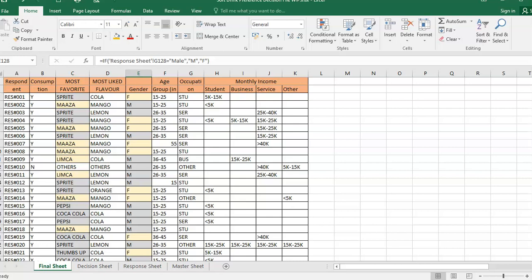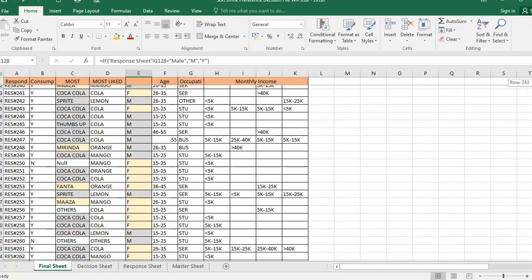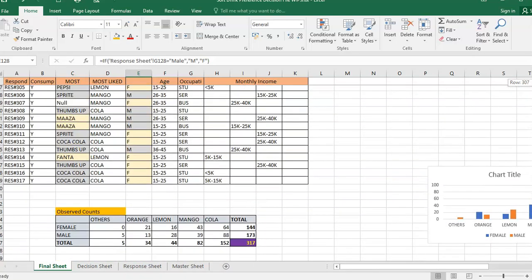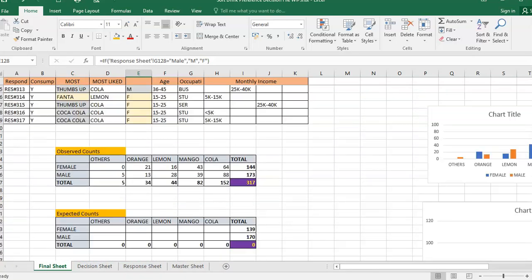So equipped with this data, now we are going to try and do a little bit of analysis, and this analysis will take a form like this.